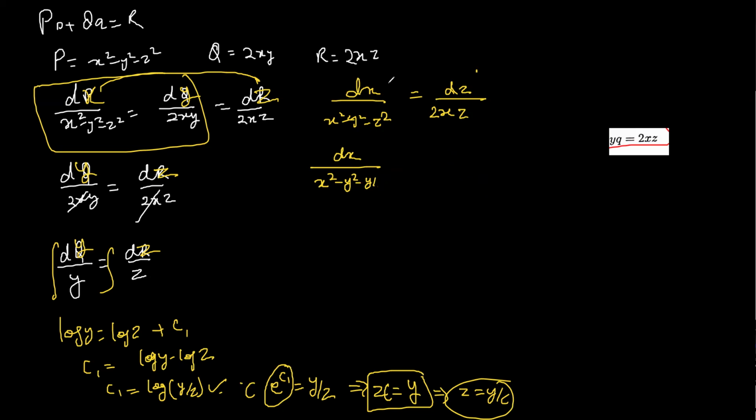See, the variable comes in x and z, so we have to eliminate the value of y, right? Not z. And what is the value of y? zc. z square c square minus z square, 2xc.